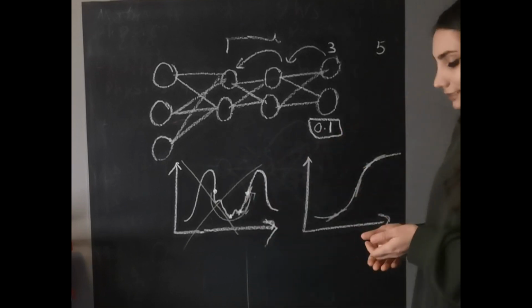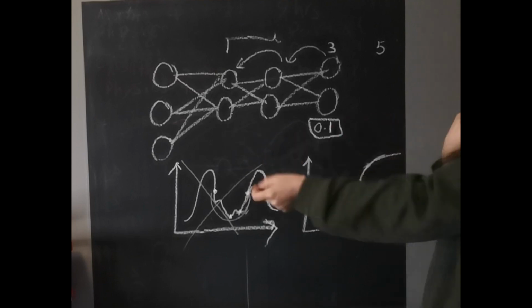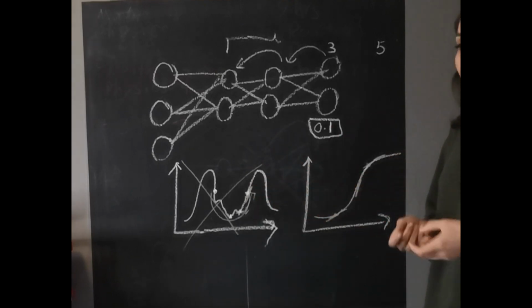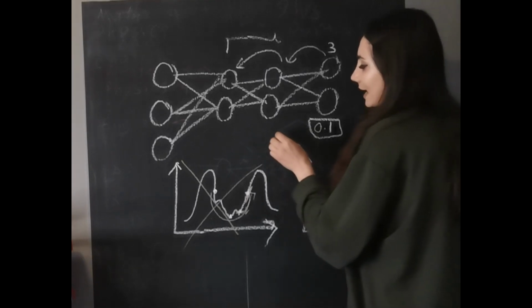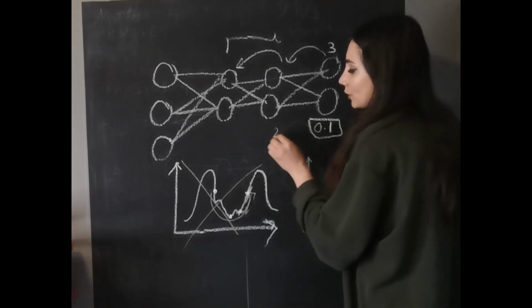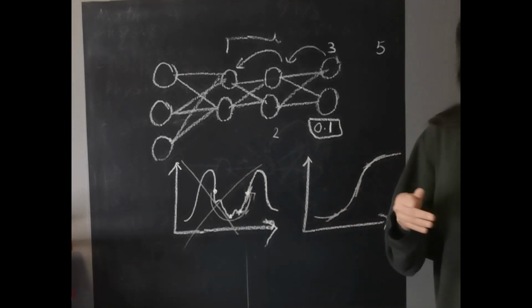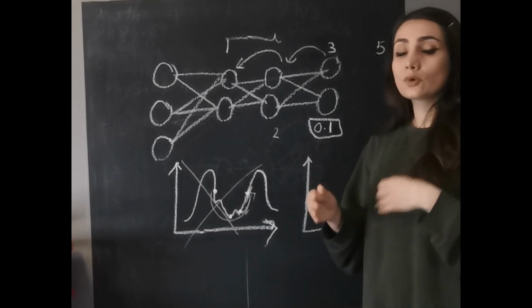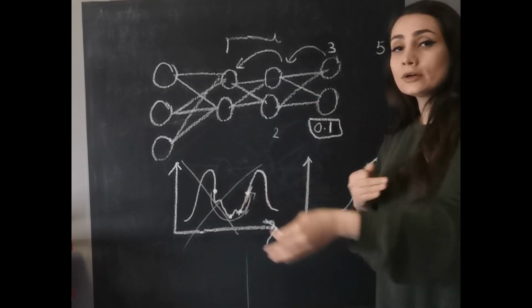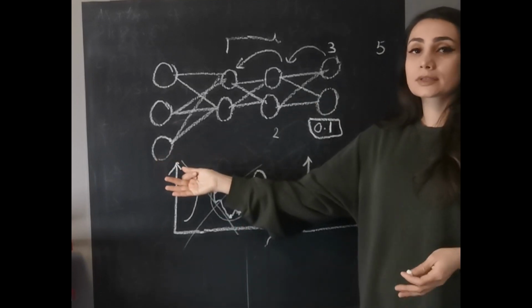Exploding gradients are exactly the opposite of this. You have a very deep neural network with multiple layers, and your gradient is greater than 1. For example, say 2, and the 2 keeps getting multiplied over so many layers that it's going to become something like 400.